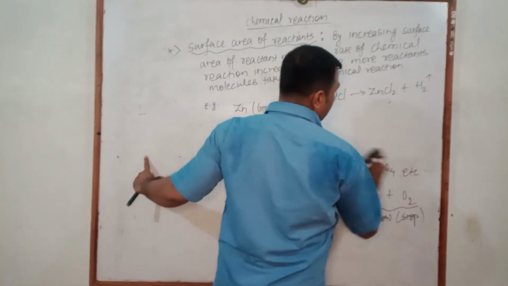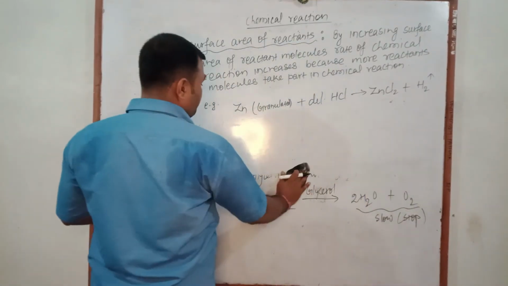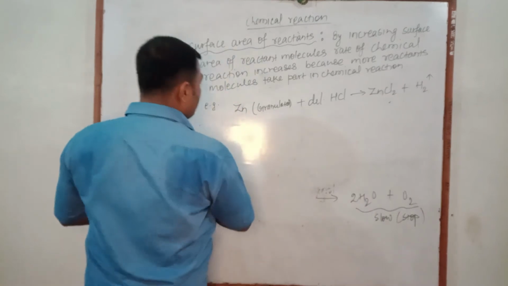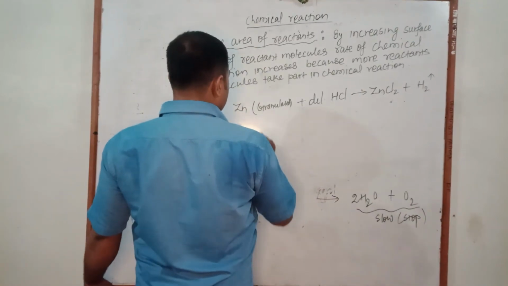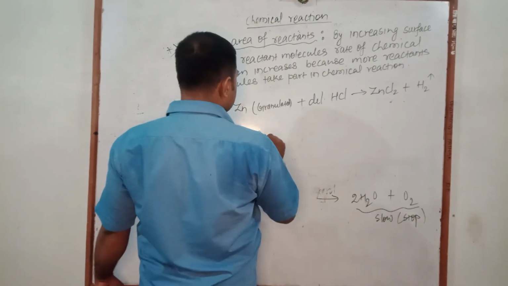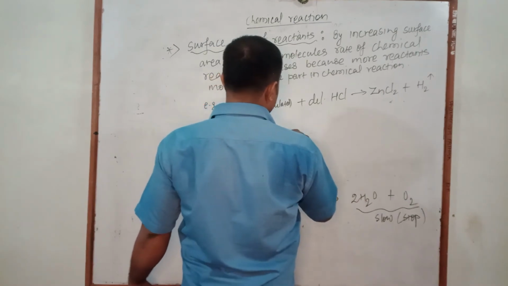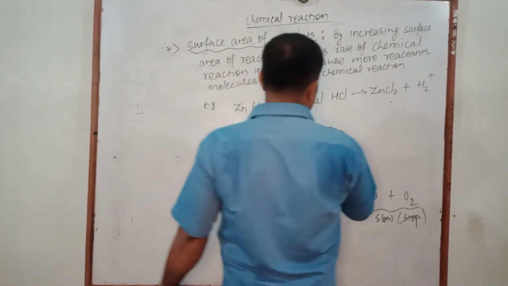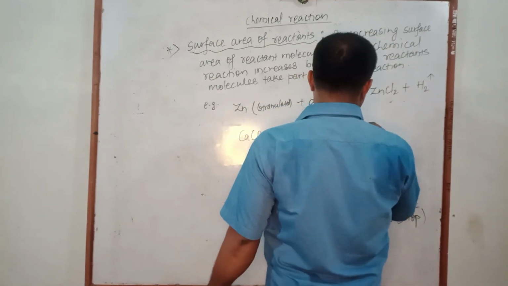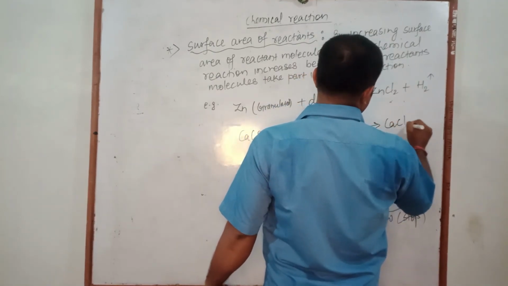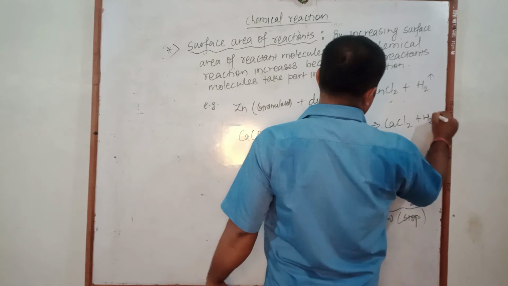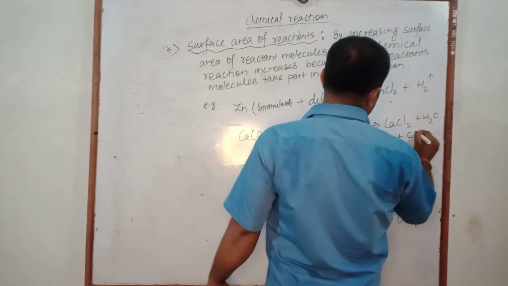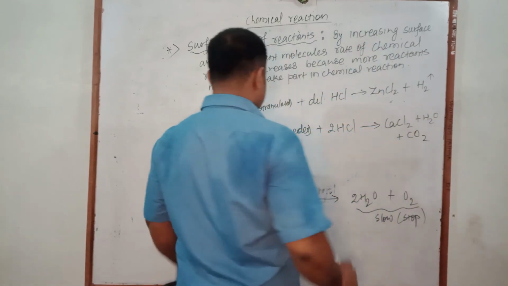In all types of chemical reaction, like when we use calcium carbonate in powder form with acid, it gives calcium chloride, water, and carbon dioxide gas is produced.